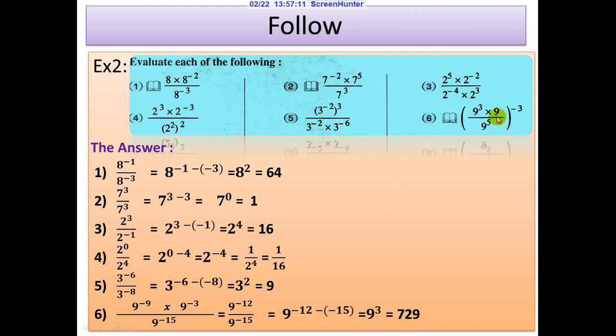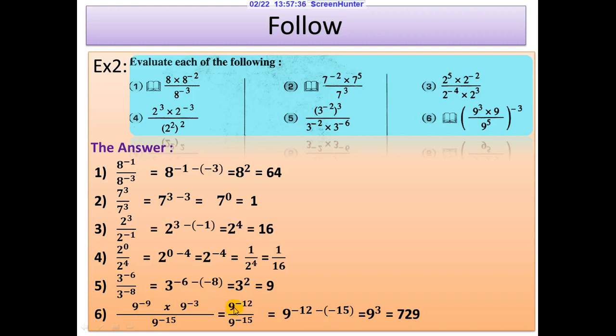And here 9 raised to power 1, when you multiply their power, it will be equal 9 raised to power negative 3. And the same with the denominator, when we multiply their power, it will be equal 9 raised to power negative 15. And then we can simplify them by writing 9 in the numerator and add their power.